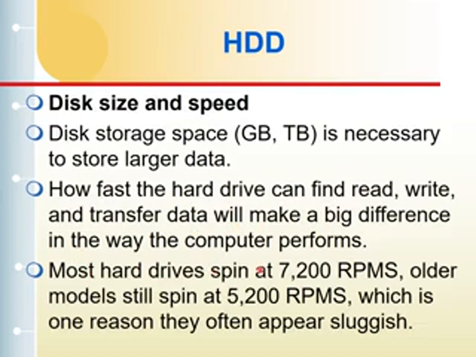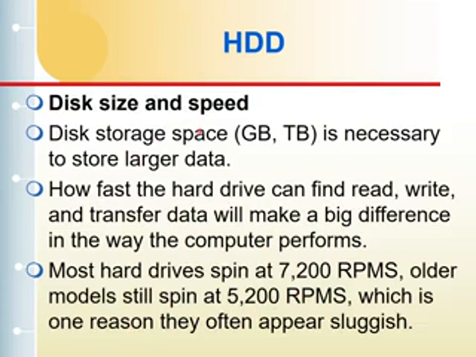Most hard drives spin at 7,200 revs per minute. Older models still spin at 5,200 revs, which is revolutions per minute, which is one reason they often appear sluggish.